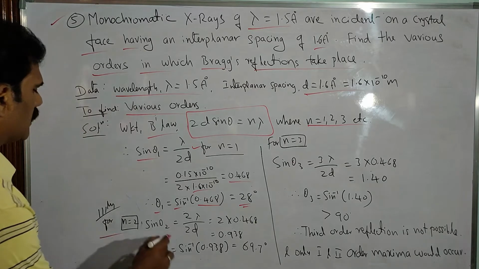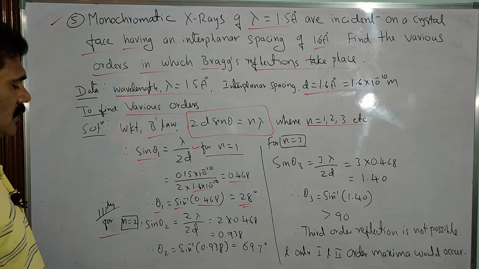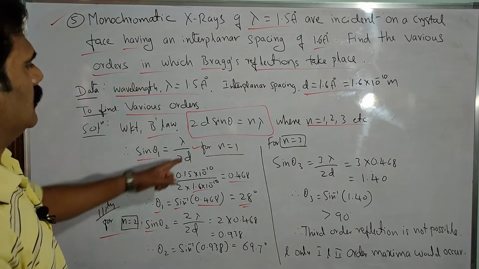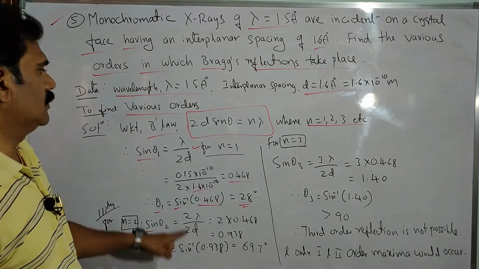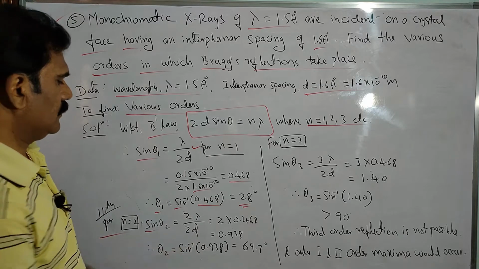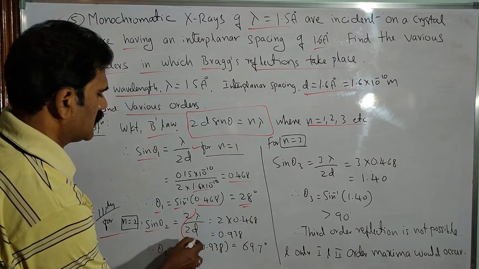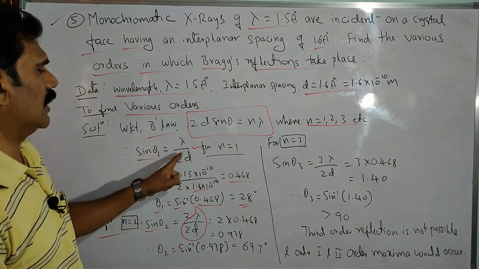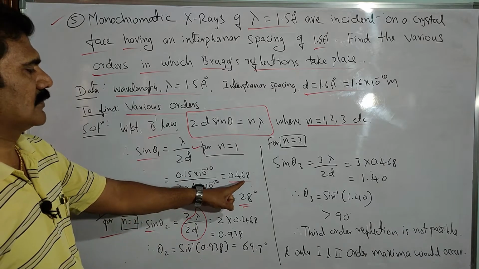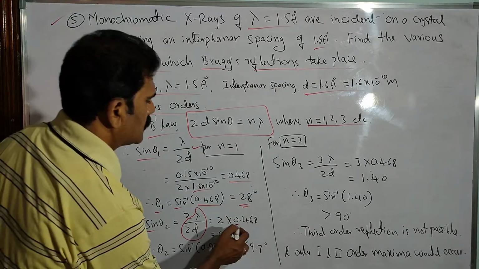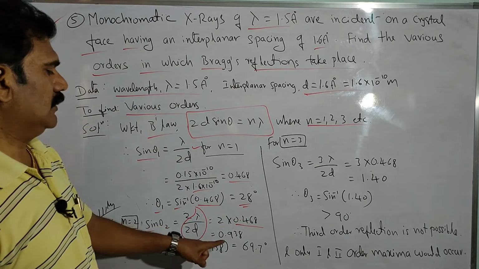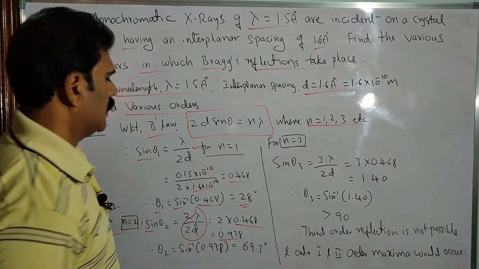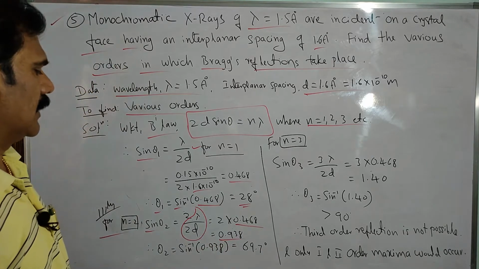Similarly, for n is equal to 2, sin theta 2: substitute n is equal to 2, so 2 lambda by 2d. This lambda by 2d is constant parameter here. Lambda by 2d already calculated, how much? 0.468, right? So substitute that 0.468 into 2, and you will get the calculated value 0.938.